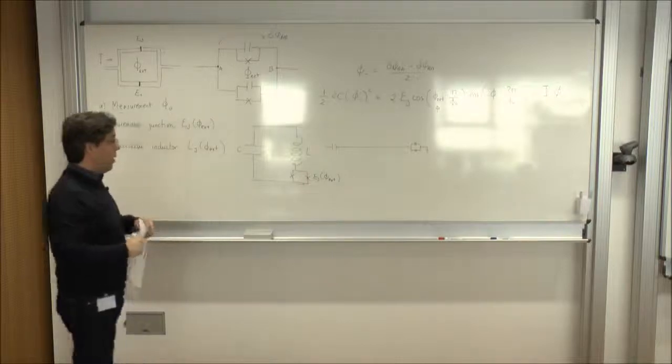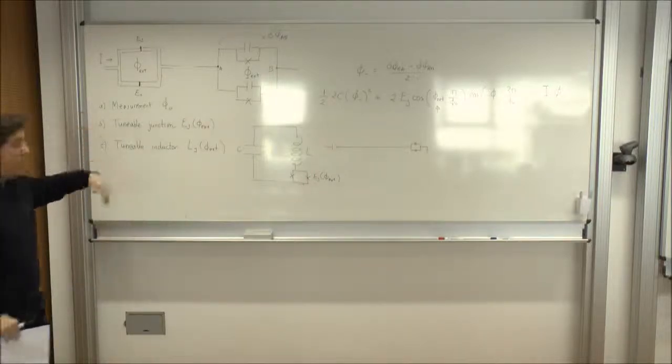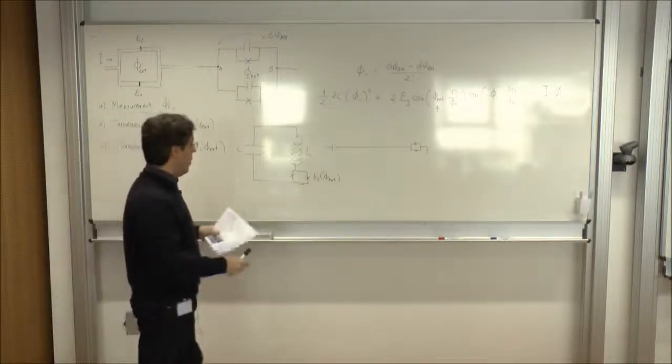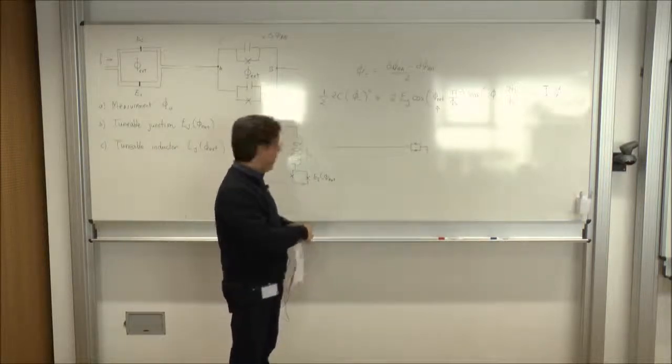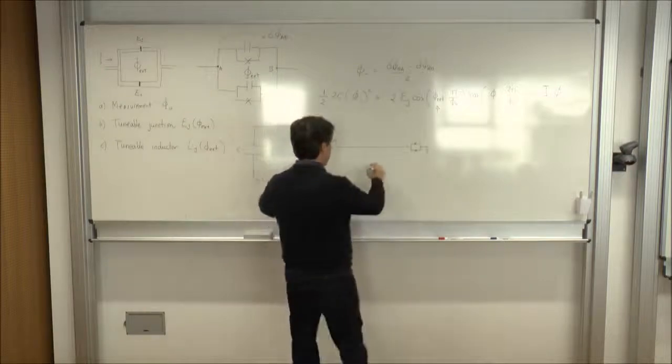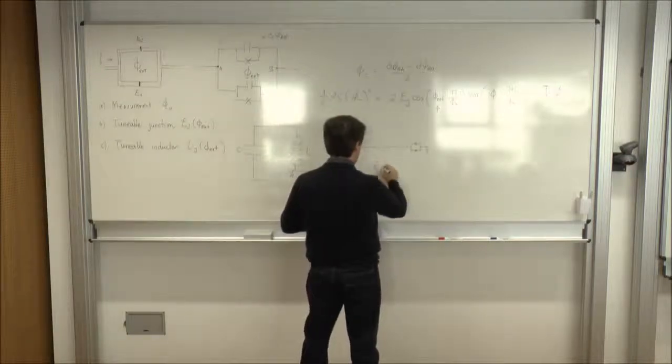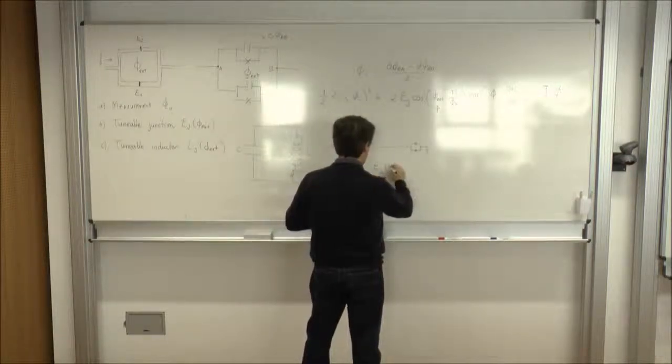But because we are working in a low power regime, there are not going to be nonlinear effects, and this junction can be strong. What we are doing is that we work only with the linear part and the quadratic part of the cosine.